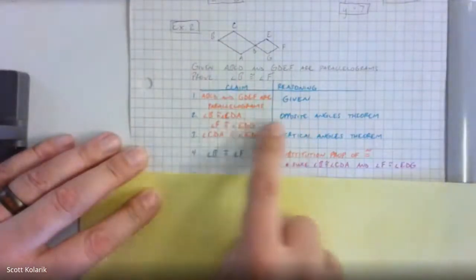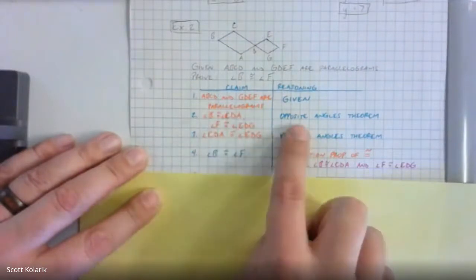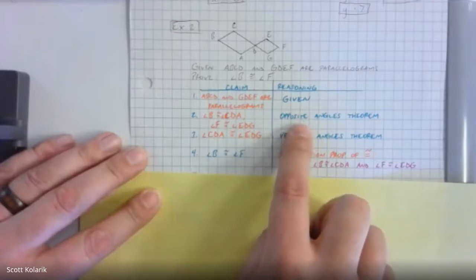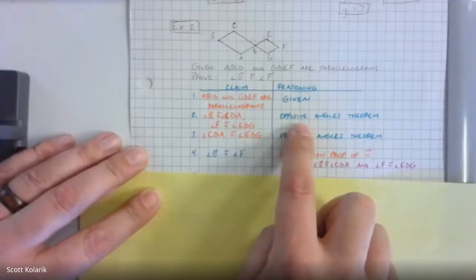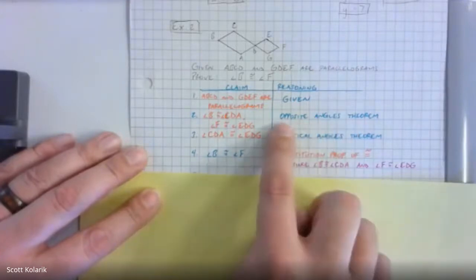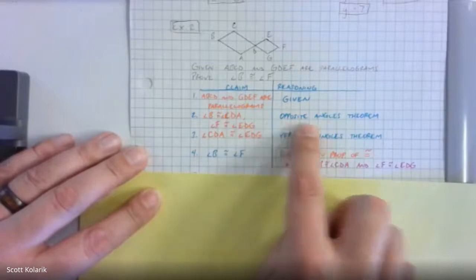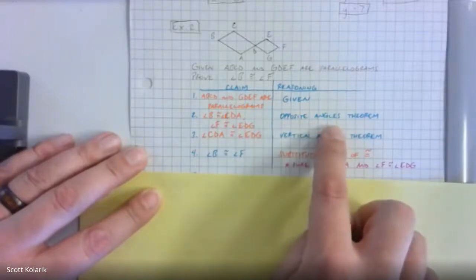Step number 2. You were asked to fill in a claim and you were told that the reason was going to be using the opposite angles theorem. That's a massive hint because that tells me exactly what pieces will be congruent to the other. Now, you won't always have congruences and stuff like that, but in this case, if I'm not sure what to do, I might want to look up, well, what does the opposite angles theorem say?